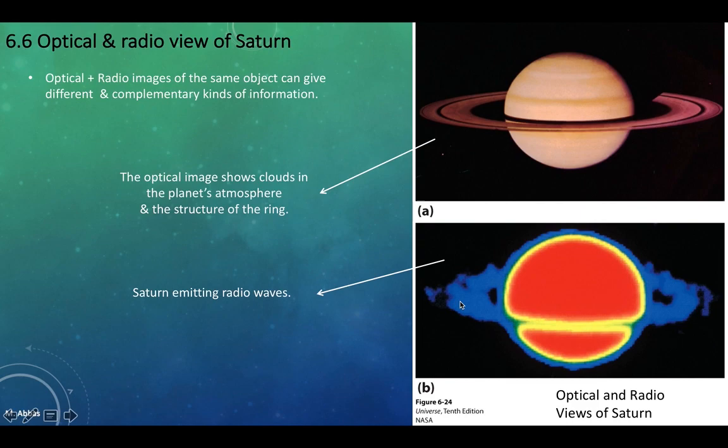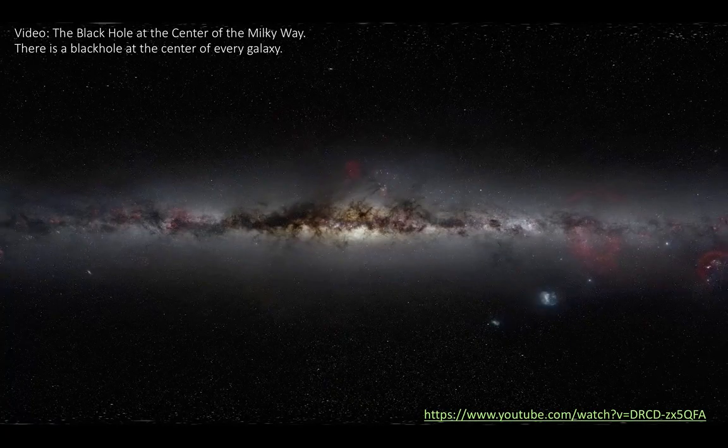This is an image taken of Saturn using a radio telescope. So you see, if you want to understand this planet, it will not be enough to take one image with the optical telescope. You really have to take another image with a radio telescope, and even another image with an infrared telescope, and so on. The more photons you have from your object, the more you will be able to understand it.